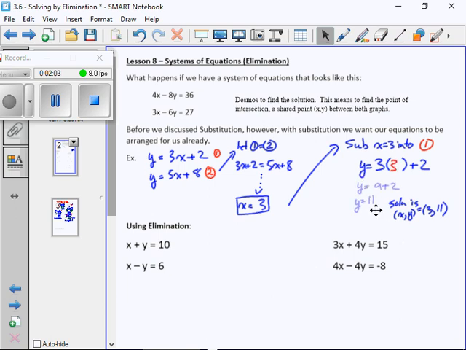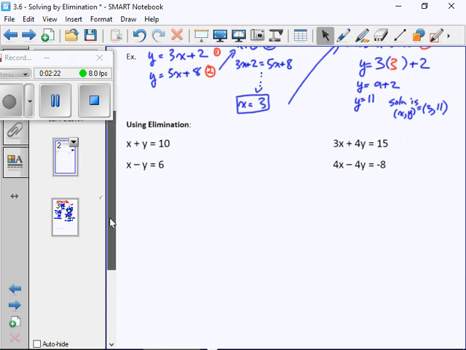When we do the rest of this, we solve and we have y is equal to 11, and this means that our solution is (x, y). Remember, it's a point, an intersection, a point shared between those two lines of equations 1 and 2, and we get (3, 11). Now, we're going to go and study this thing called elimination.